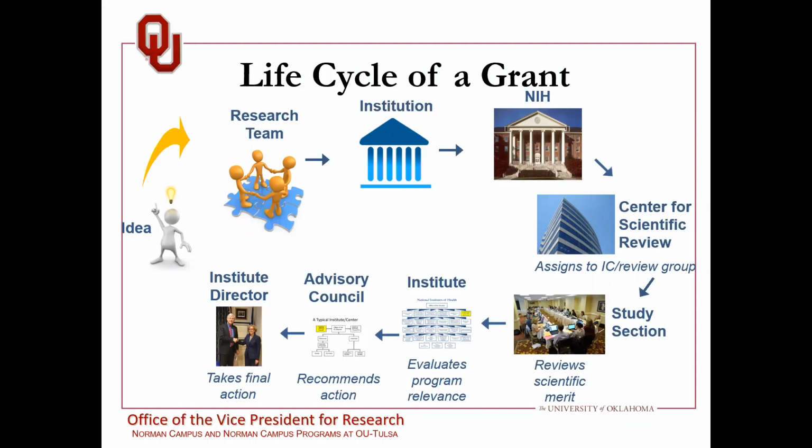And that's really the truth, because they're just making the final list that's going to go to the institute director. And the institute director is the one who actually makes the funding decisions on what proposals are actually going to be awarded or not. So you could be really close to the pay line and still not get selected for funding.